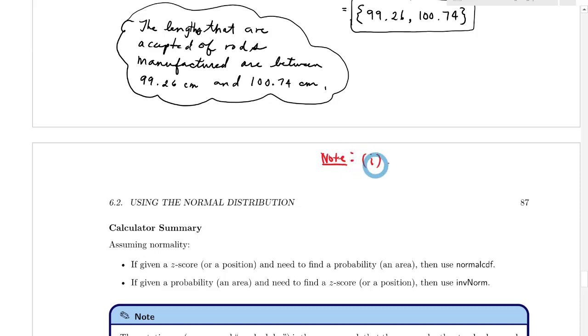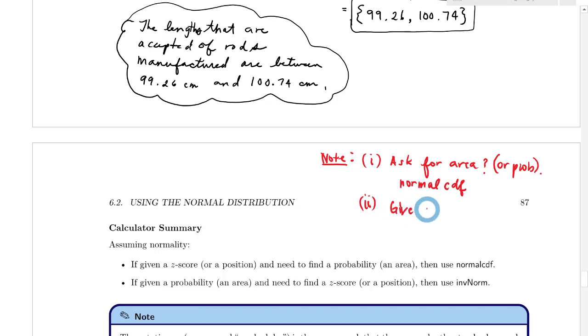Right, so the first case that we did in this section is, does it ask for area or probability? Then you're going to use normal CDF. The second situation is, does it give area and ask for a value?